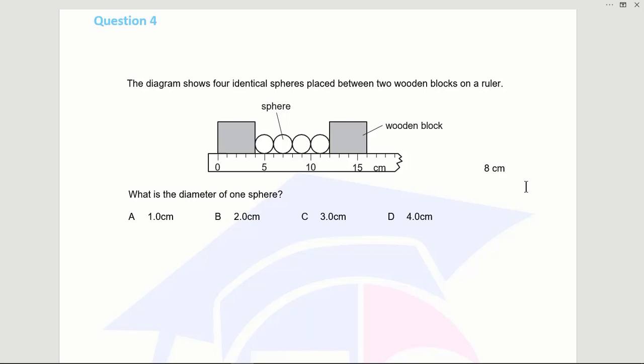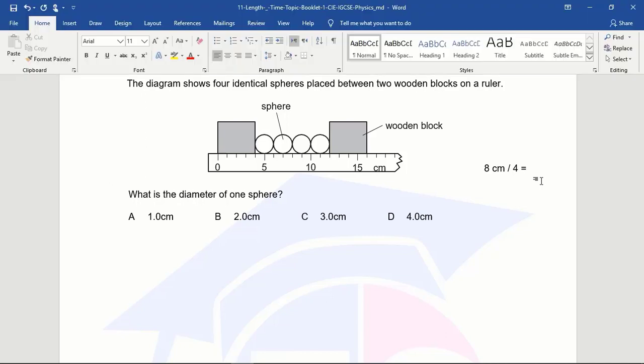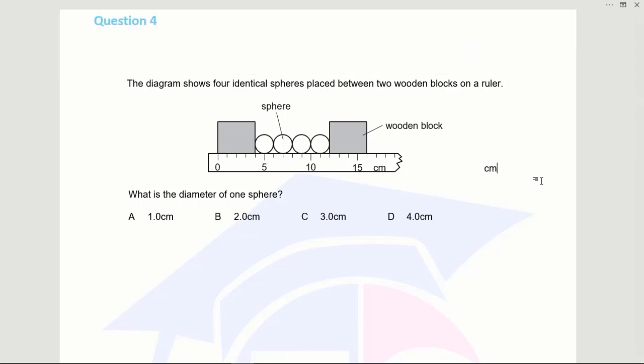Got it? After that, they are asking only for one sphere, not for all. So you have to divide 8 by the number of spheres. Divided by how many? 4. If you do it, what answer will you get? 2 centimeter. Got it? So this is the right answer.